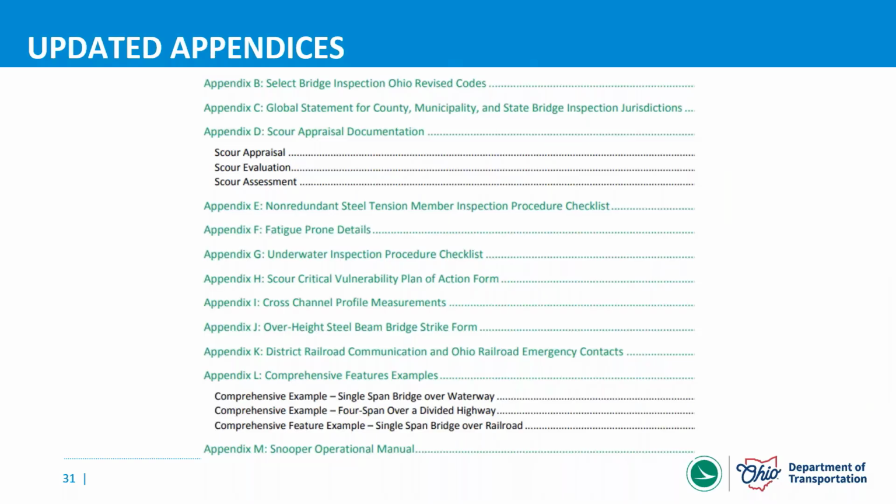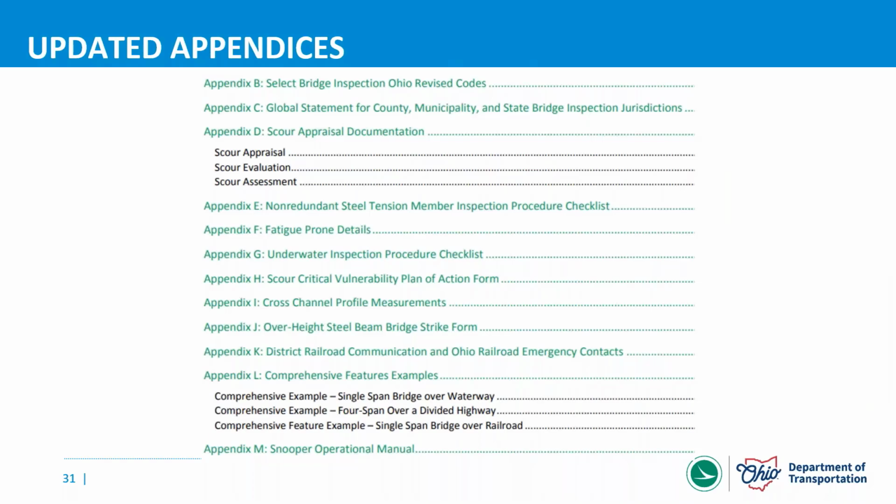Your ownership responsibilities are in Appendix B and C. Scour appraisal documentation and the full guidance there is Appendix D. NSTM inspection procedures checklist, basically an example NSTM inspection procedure, is Appendix E. Updated fatigue prone details per the new AASHTO guidelines is Appendix F. Underwater inspection procedure checklist, similarly to Appendix E for NSTM, but for underwater, is Appendix G.